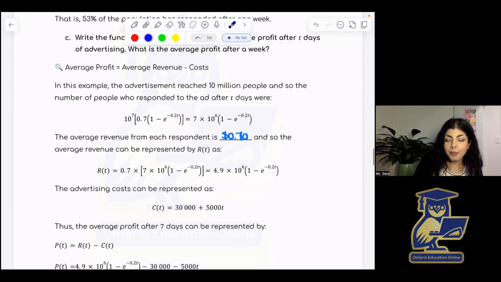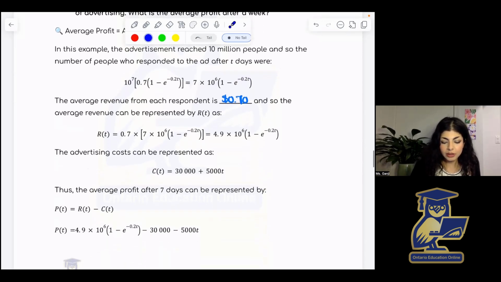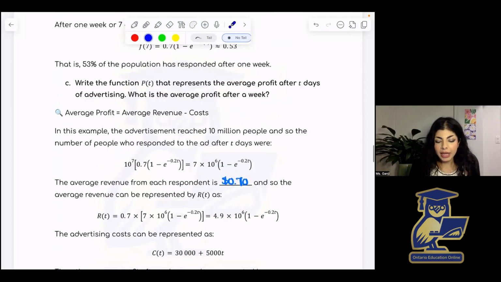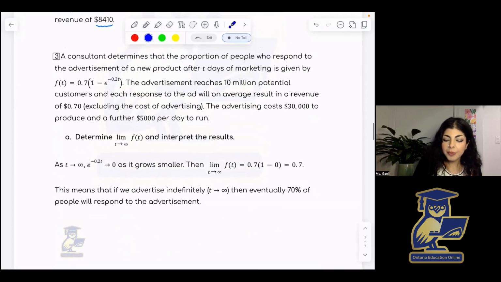But we don't know what time, so we want just an expression, so we leave t as t.